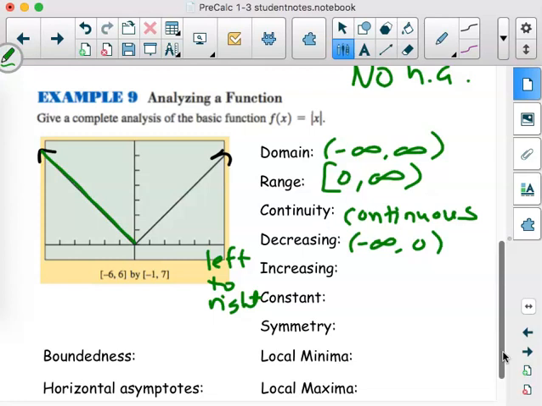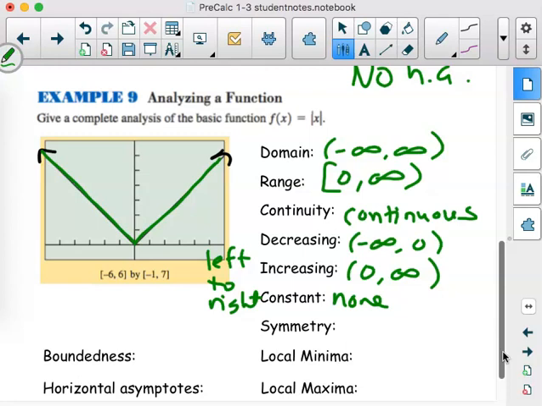And then from there, it's increasing. Zero to infinity. We don't get any constant. Now, if this is a test, you want to put none. Here's why. I don't want to think you just forgot it. I want to know that you looked at it and said, no, there's no flat horizontal pieces to this. It's just not going to be constant.